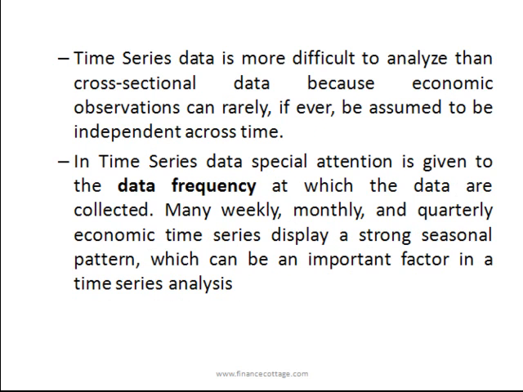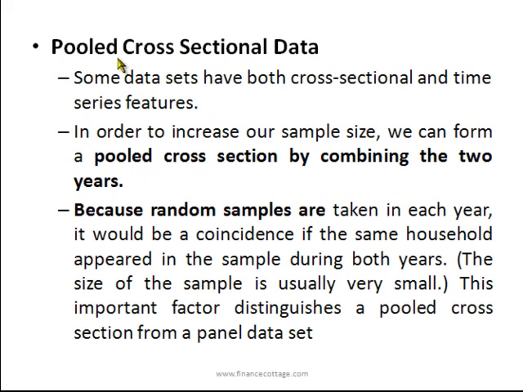Another type of data is pooled cross-sectional data. This means if we add up time series and cross-sectional data into one data set, it becomes pooled cross-sectional data. We adopt it to increase our sample size, and what we do is draw a random sample in each year.